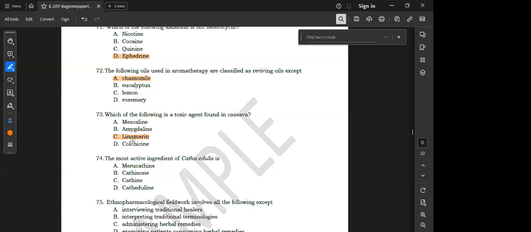Colchicine, it was the drug that was being used in... Okay, colchicine, is it an alkaloid? It's a question. Okay, guys, what type of alkaloid?